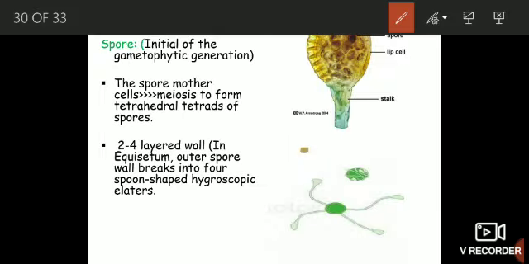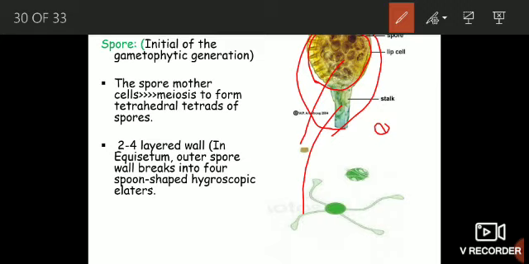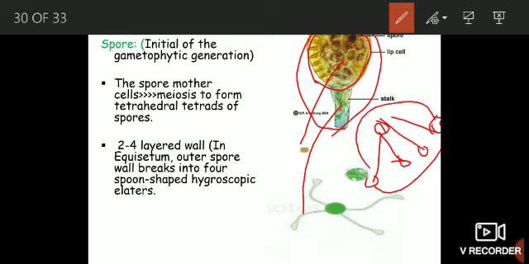Here you can see that this is the individual sporangium and this is having two parts, stalk, and the body. And this body contains some cells which are known as spore mother cells, and these spore mother cells undergo meiosis and result in the formation of four spores. These four spores are attached to each other in the form of a tetrahedral arrangement.